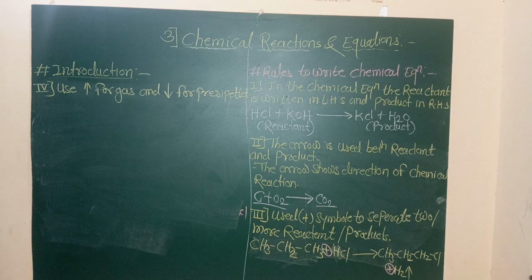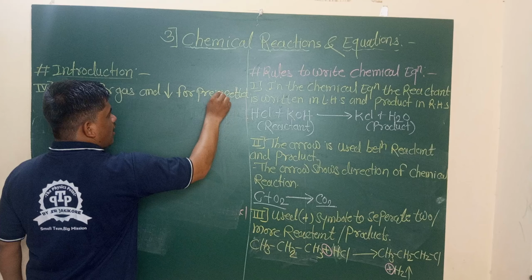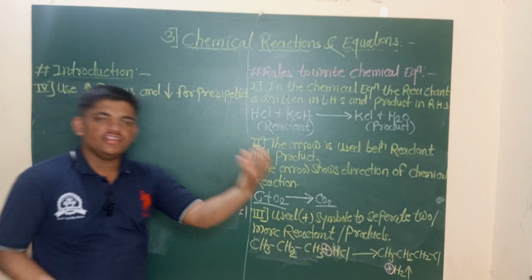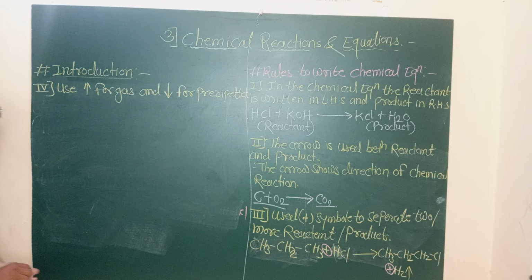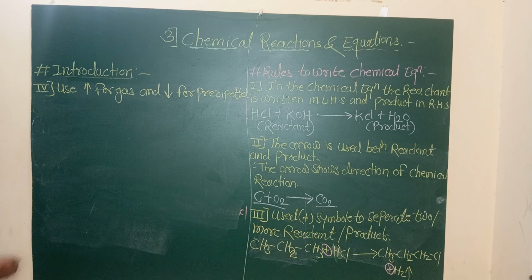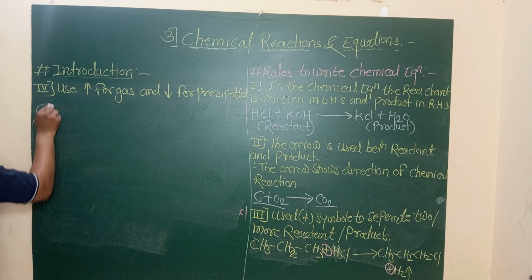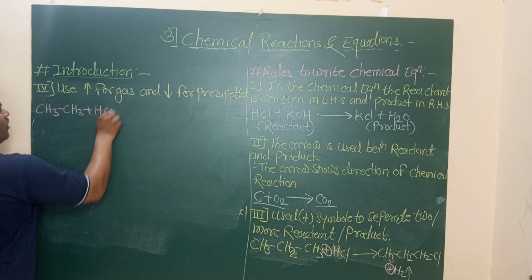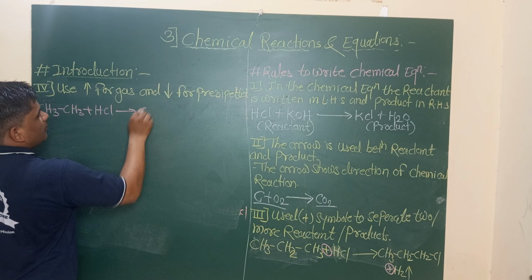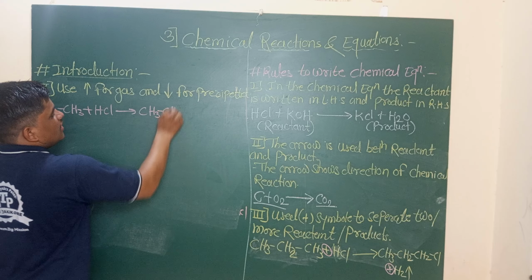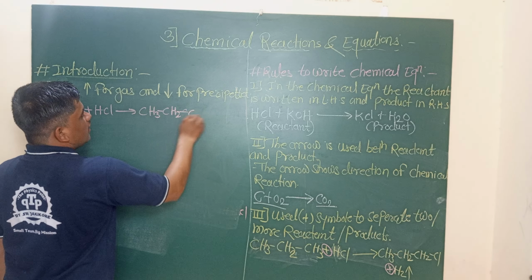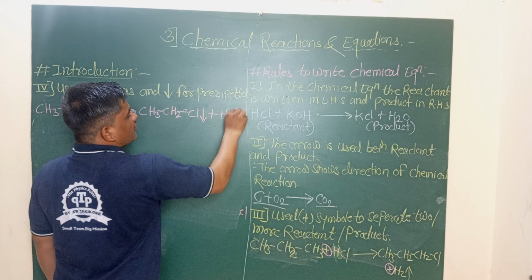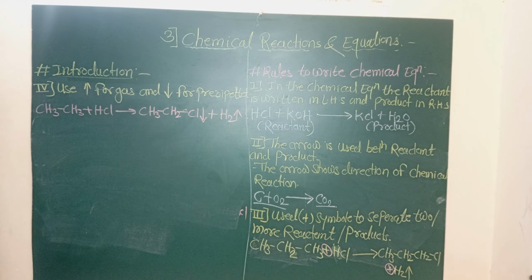The upward arrow is used when a gas is released from the chemical equation. For example, CH3 CH2 CH3 reacts with HCl to give CH3 CH2 CH2 Cl, the precipitate, plus H2 gas, which is released.